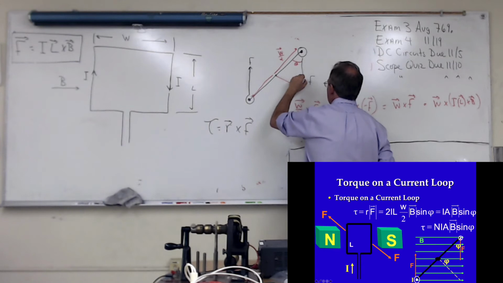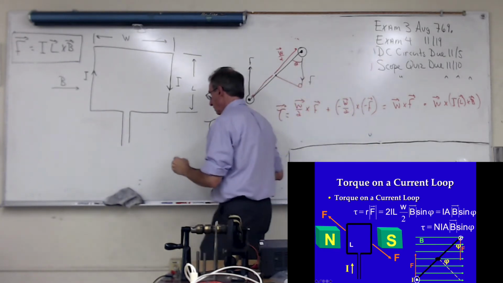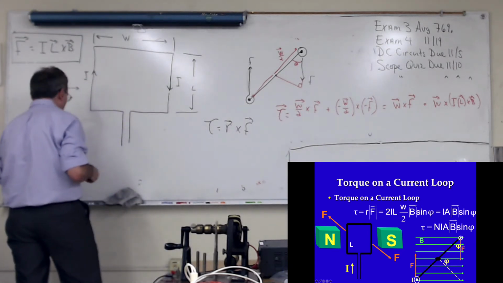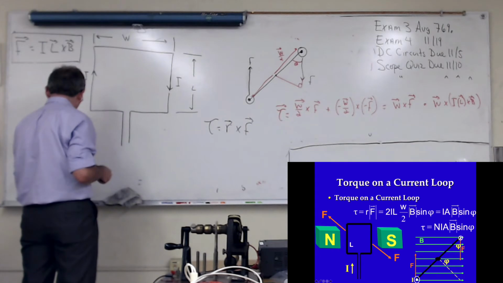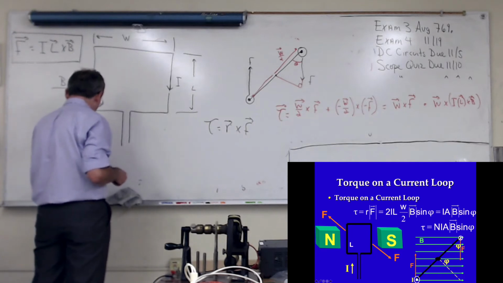W over 2 sine theta? Yeah, so if I do it in terms of magnitude, then the magnitude of the torque is going to be W over 2 times the force times sine of theta, right?